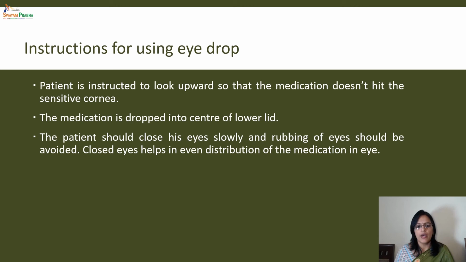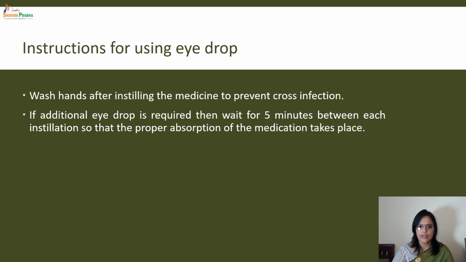Now open the eye, and the excess solution is wiped after a few minutes. So these are the instructions. Wash the hands after instilling the medication, to prevent any kind of cross contamination or cross infection.